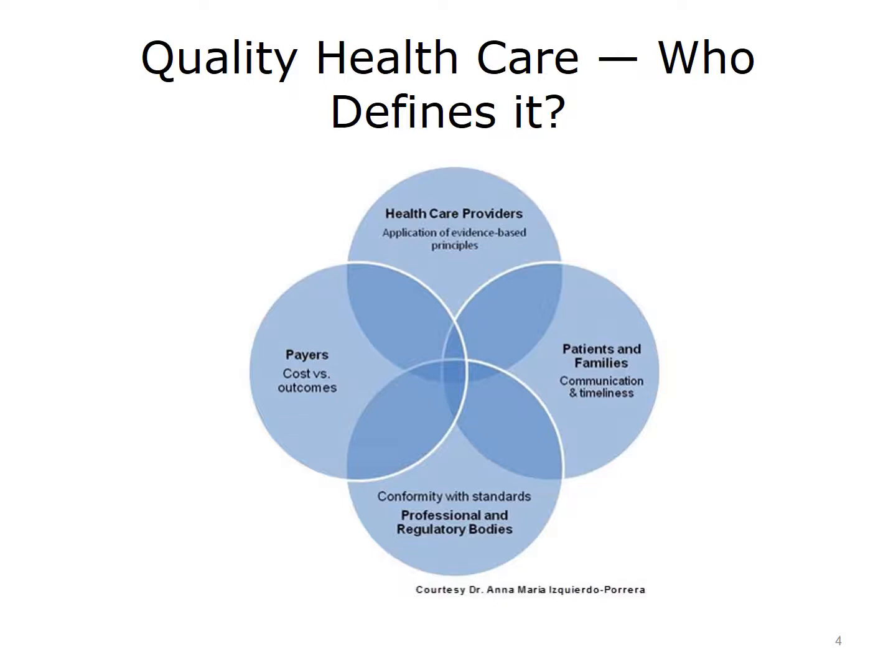And regulatory bodies like the Joint Commission, CMS, or professional organizations such as the American Medical Association view quality as conforming to their standards. Payers have also started using provider performance on quality measures as a means to create narrow networks and link payments to performance rates.